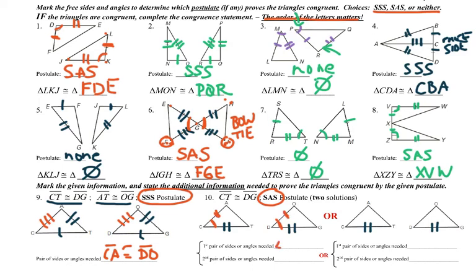I could take angle C congruent to angle D, and then similarly CA congruent to DO. That gives me side angle side. But I could also go the other way, this way, towards the right, and take angle T congruent to angle G, and then TA congruent to GO.